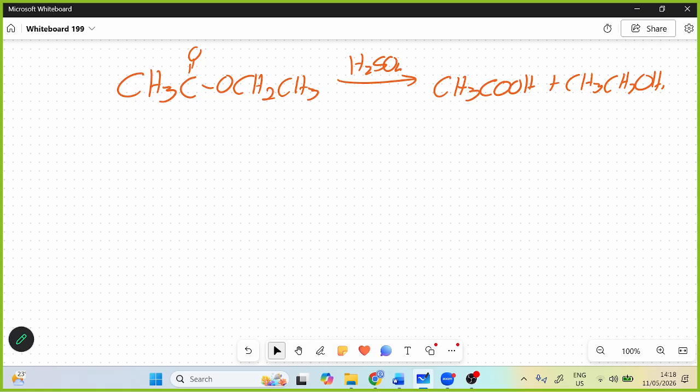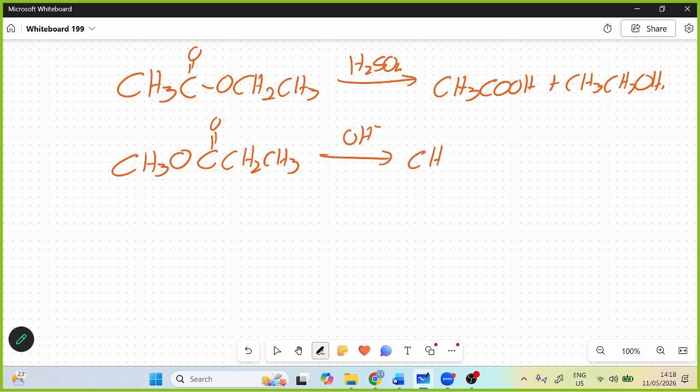Methyl propanoate. This is going to be a basic hydrolysis. So here you have to be careful, because if it's a base, you're not going to make the acid, you're going to make the salt. With ammonia, you're going to make the amide.